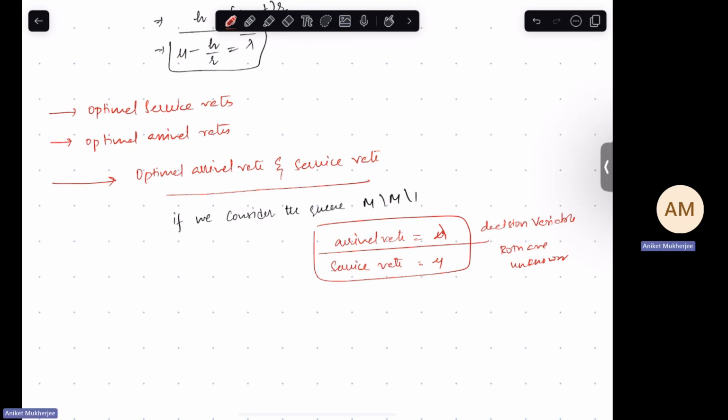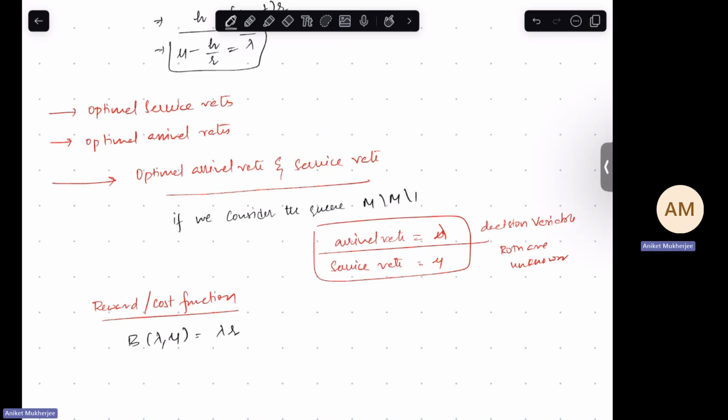Then how do you design the problem? We'll use reward cost functions similar to what we have used in the arrival rates. So now we'll write the objective function as a reward based function. Now it is dependent on both mu and lambda.